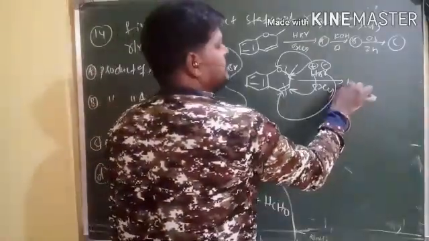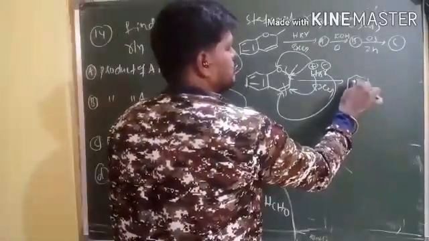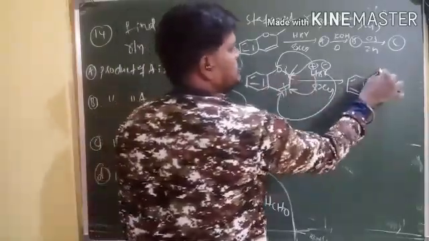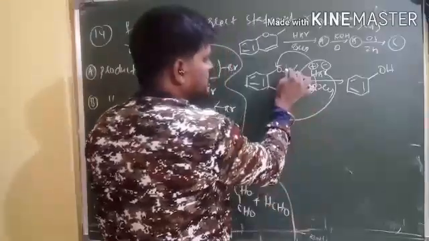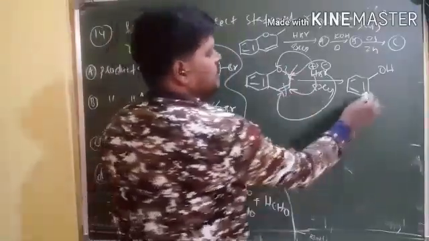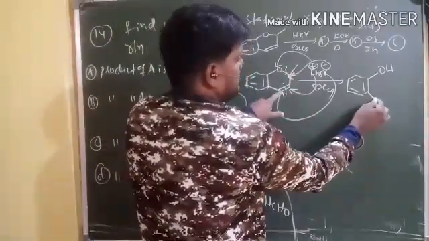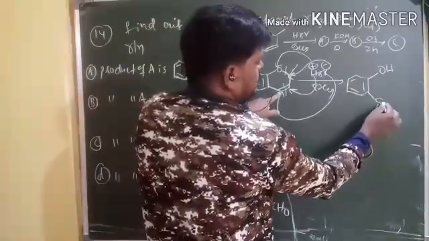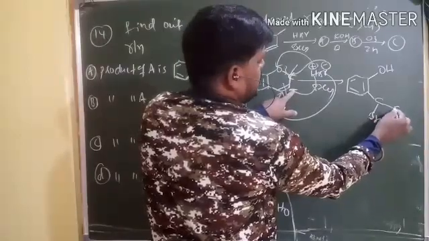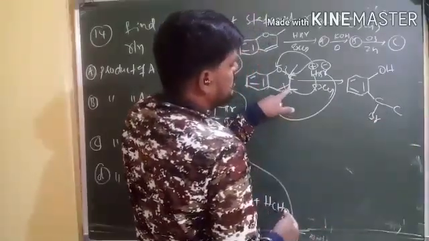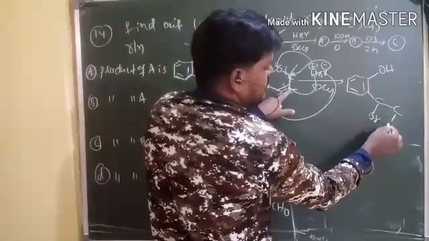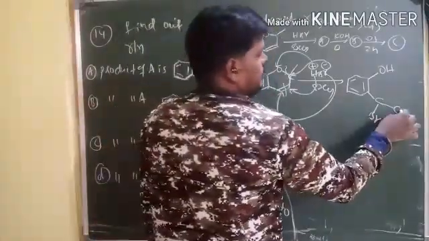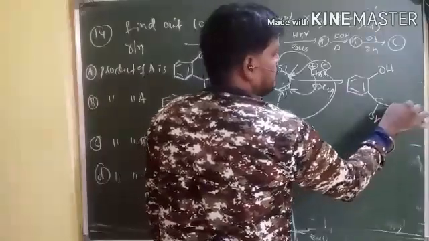So the next step here: oxygen, hydrogen, that means OH. The bond here breaks and the bond here also breaks. So that means this carbon gets Br, that's why you can write the Br bond, and this carbon hydrogen, and again carbon.